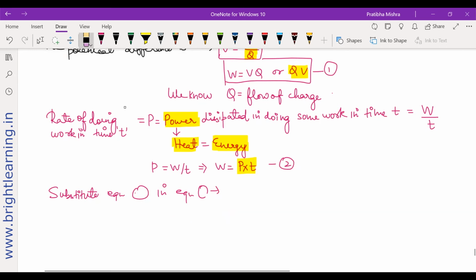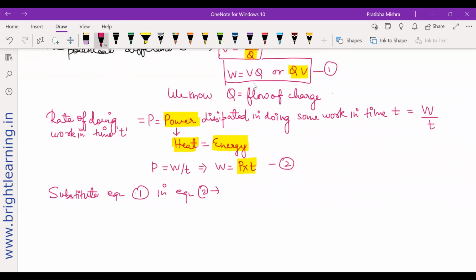So instead of substituting equation 2 in 1, I will substitute 1 in 2. In place of P, I can substitute either W by T, or else, since you are substituting equation 1 in 2, what is equation 1?